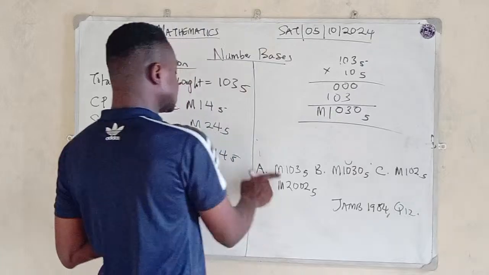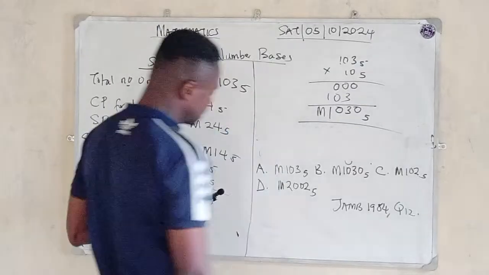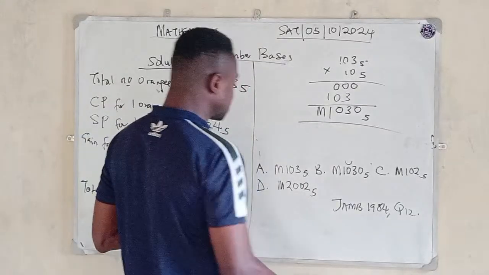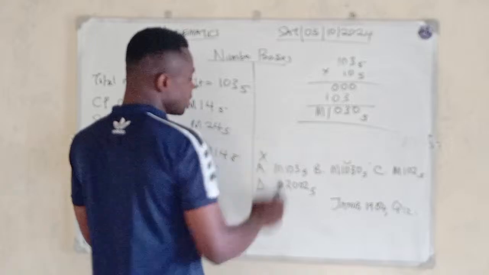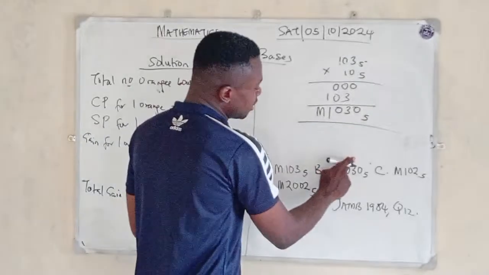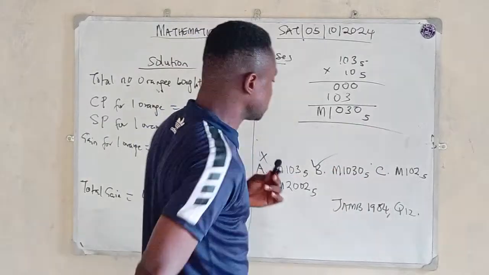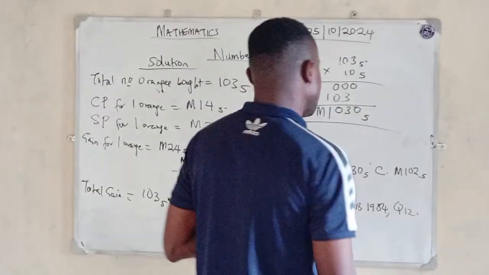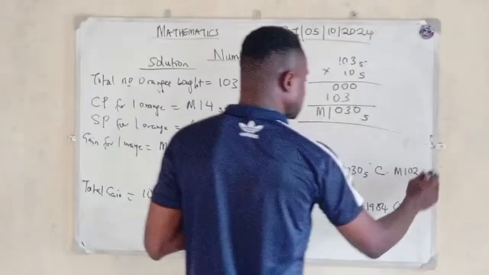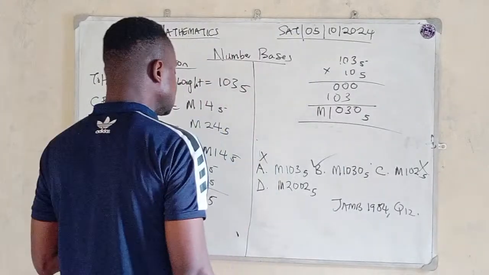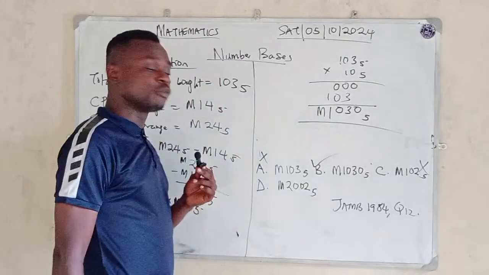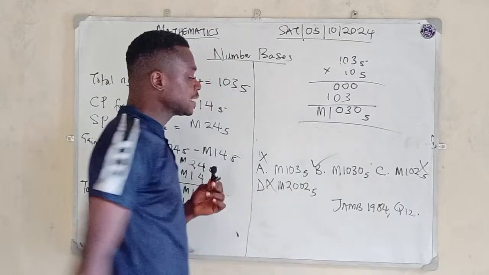So let's look at the options. Option A says M1023 to base 5 is not the answer. B says M1030 to base 5. This is the answer. But let's look at the other options. Option C says M102 to base 5 is not the answer. Option D says M202 to base 5 is not the answer. So the answer is what?